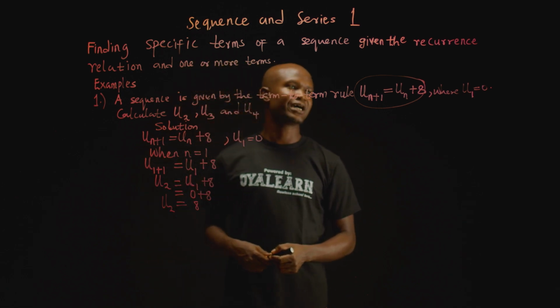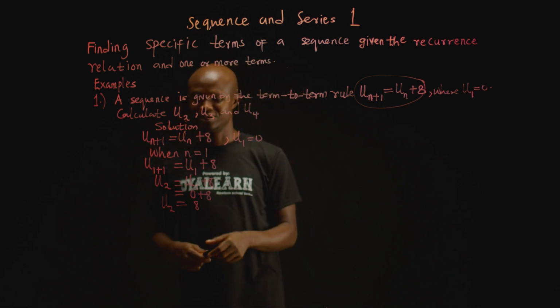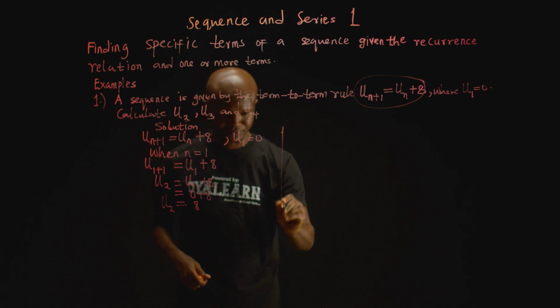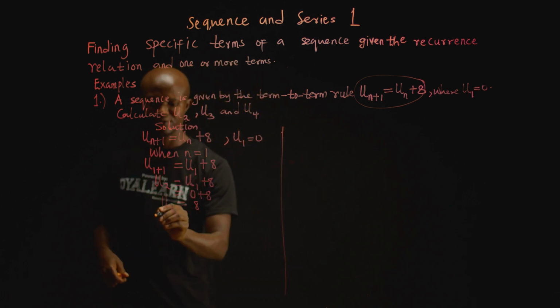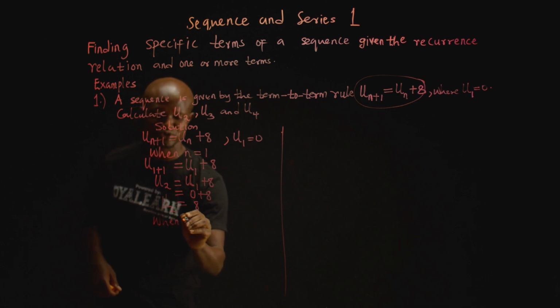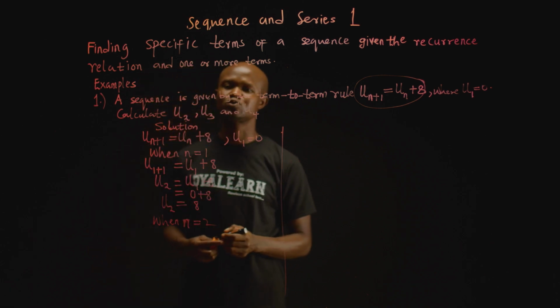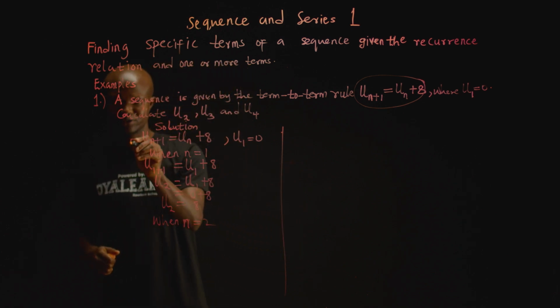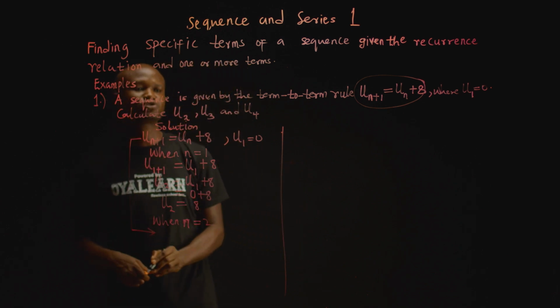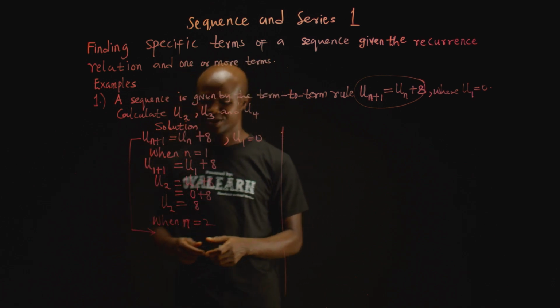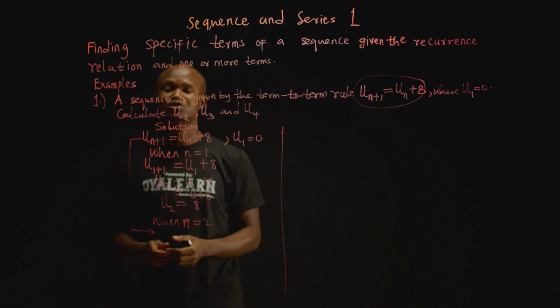Now, we need to find U3. That's the next one. For U3, we now use when n equals 2. What will be the effect of n equals 2 on the recurrence relation? From the term-to-term rule, which is the same thing as the recurrence relation, anywhere we see n, we put 2.